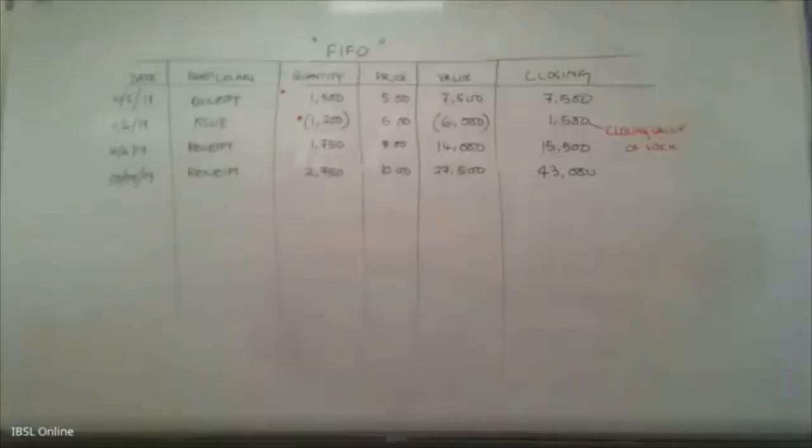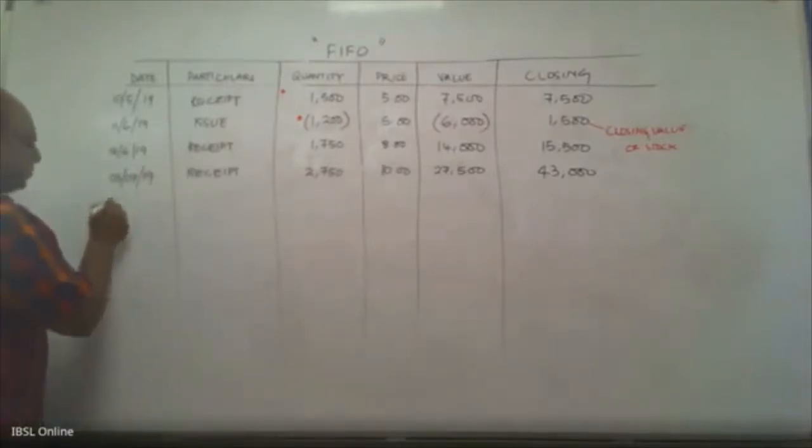43,000. Right. Now comes the problem. Now you have a problem in your hand. On 20th of July, you are issuing 3,000 units.